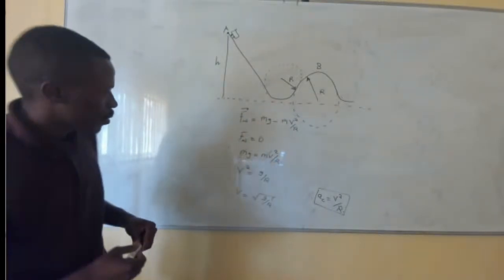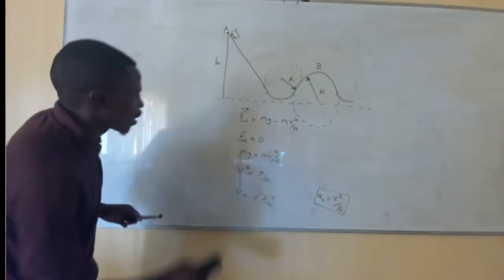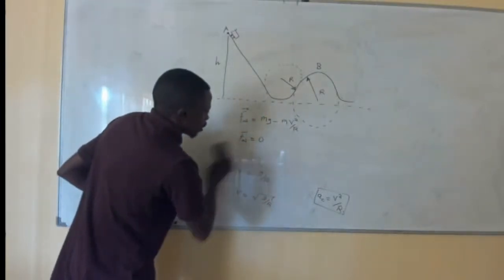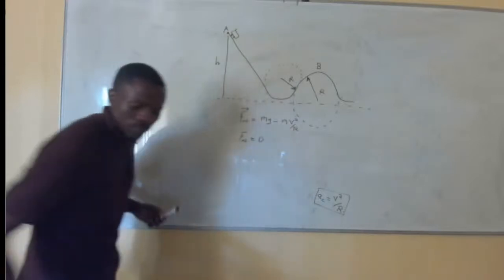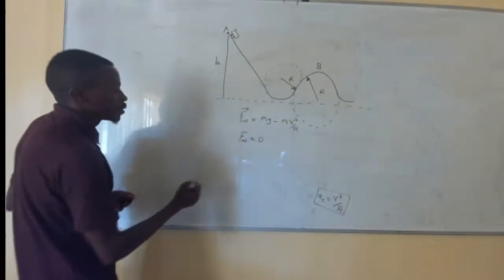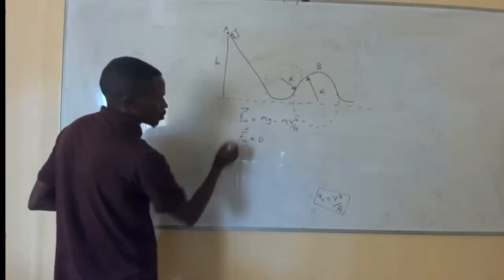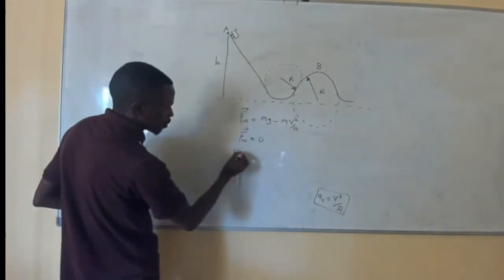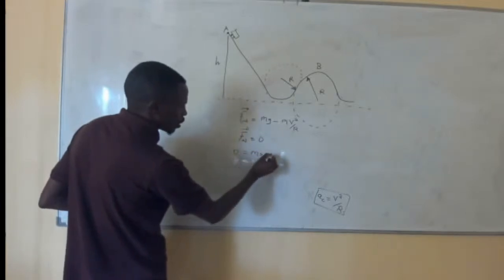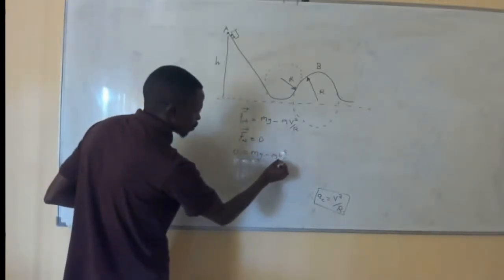Just a moment, sorry, I made a mistake somewhere. So the condition to keep the roller coaster on the uphill without it flying off is that the normal force should be equal to 0. So if we put normal force equal to 0 in that equation, I'll have 0 is equal to mg minus m v squared over r.